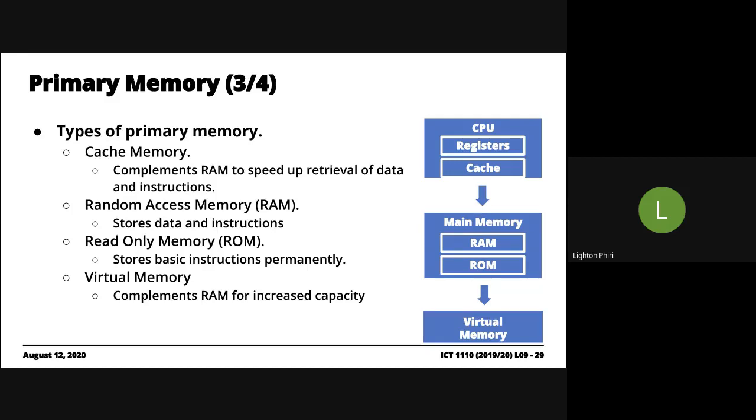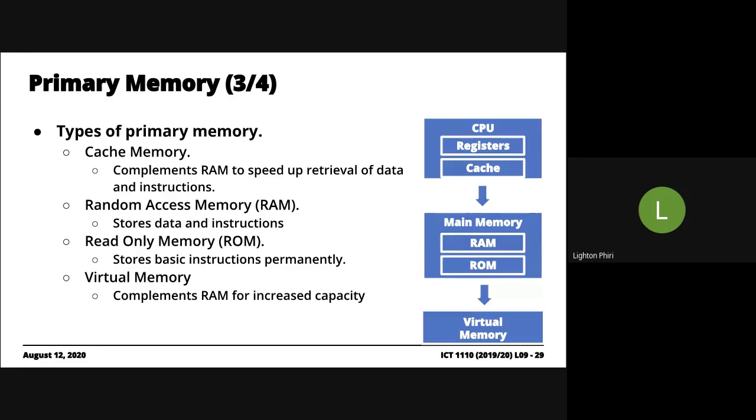Right? So the idea behind CPU cache is it's there to complement RAM, right? Remember that the idea behind the CPU is to execute instructions, and what you want is for the CPU to be able to execute instructions as quickly as possible.